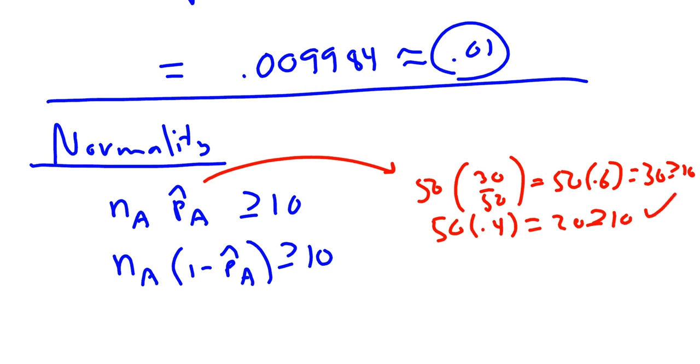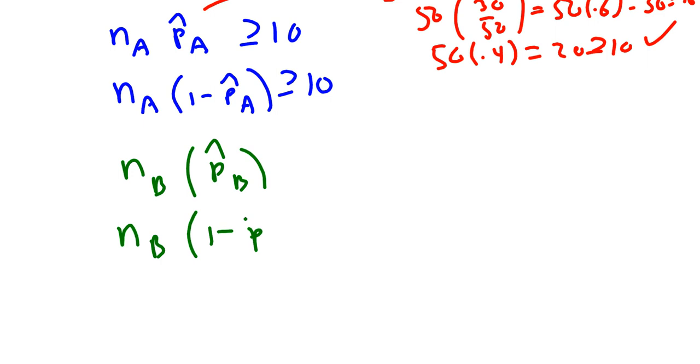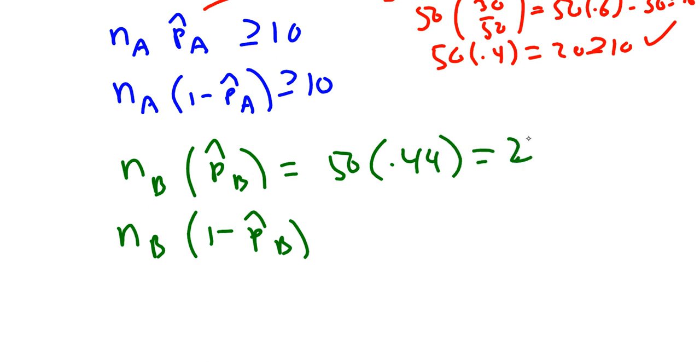So that's part of it. You need to check it again for n sub b times p hat sub b, and also n sub b times 1 minus p hat sub b. So if we do that, we get 50 times 0.44, which is 22, which is definitely greater than or equal to 10.